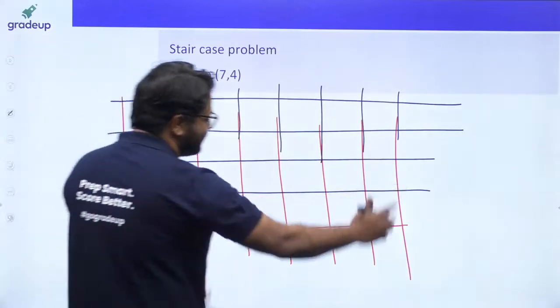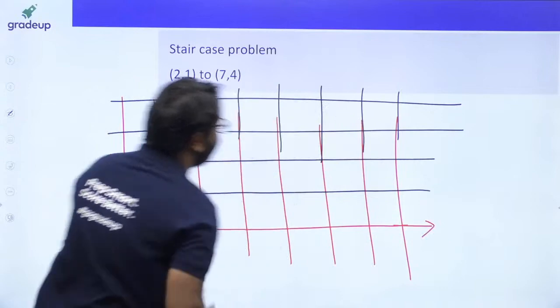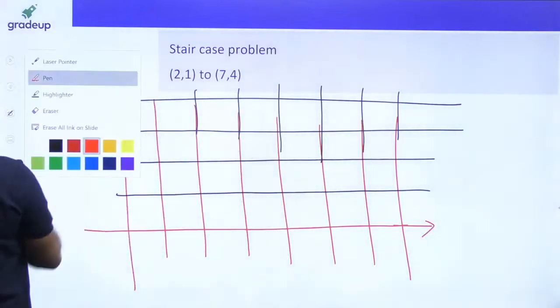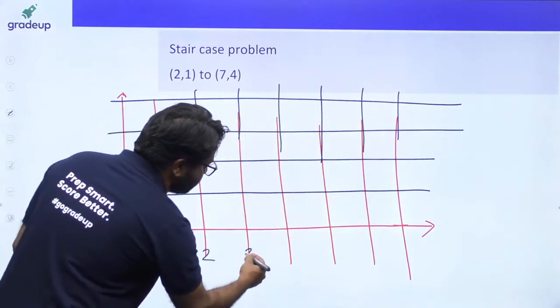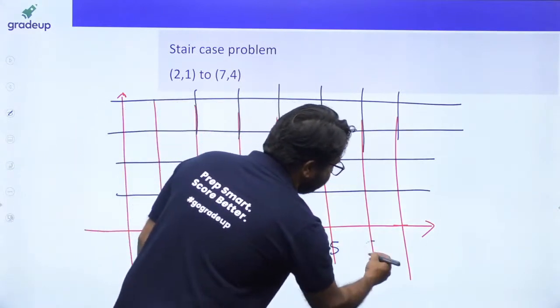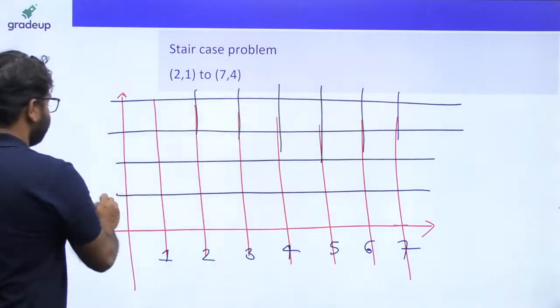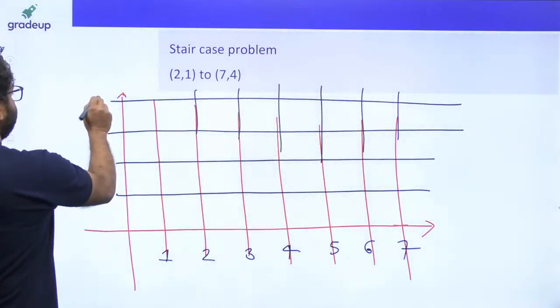Let's consider this is x up to 7, and this is your y axis. Let me give the numbers also. So this is 1, 2, 3, 4, 5, 6 and 7, and this is 1, 2, 3, 4.